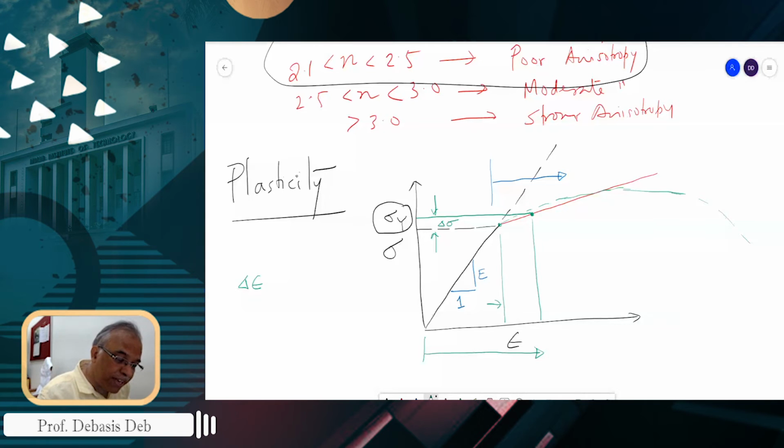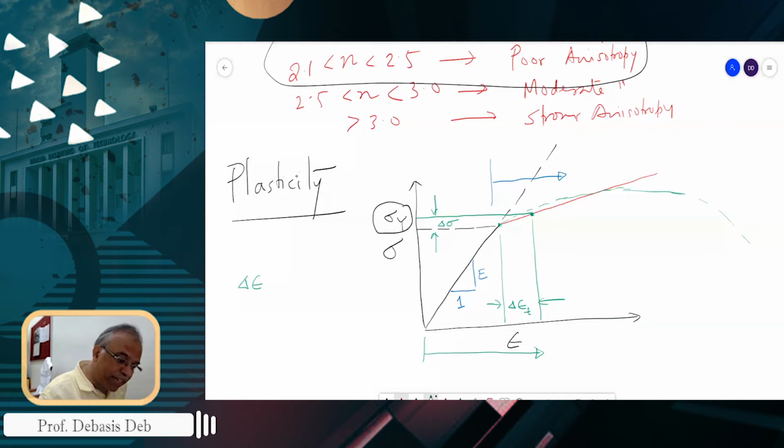So this is my delta epsilon. I am writing something called T: delta epsilon T means the total. So this is the increment. Remember that. I'm not taking the total, I'm not counting from here. I'm just considering the increment that happened after the yield strength.